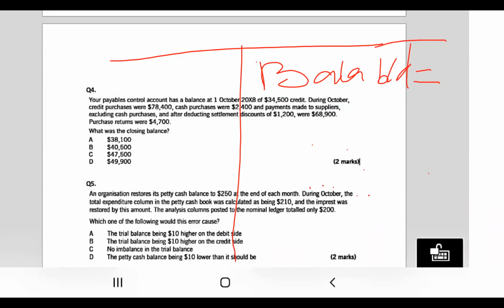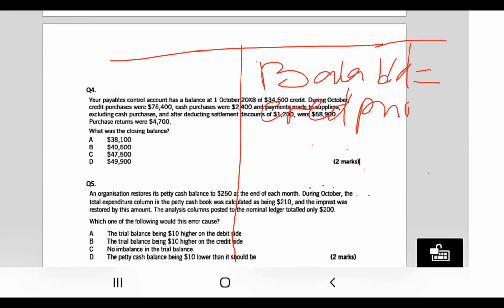When you make a credit purchase, it means your credit is increasing, right? That's how you record the credit purchases here on the credit side, because it is increasing.